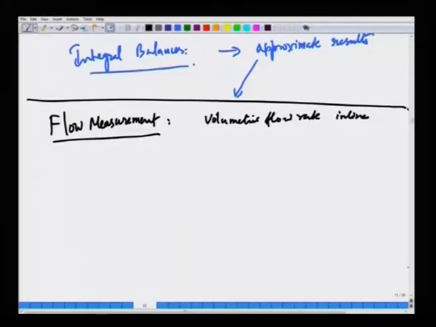Okay. The question is how are we going to measure the flow rate as it is flowing through a pipeline network to an equipment such as a chemical reactor. Well, one simple way to measure flow rate is to go to the end of the pipeline system and collect the amount of fluid that flows for a particular amount of time.